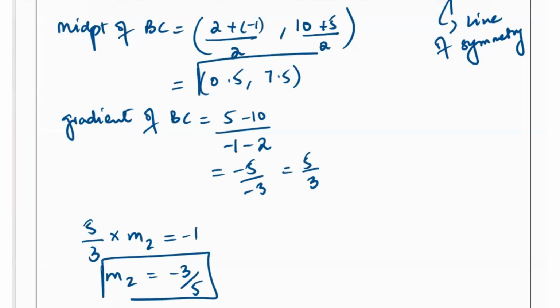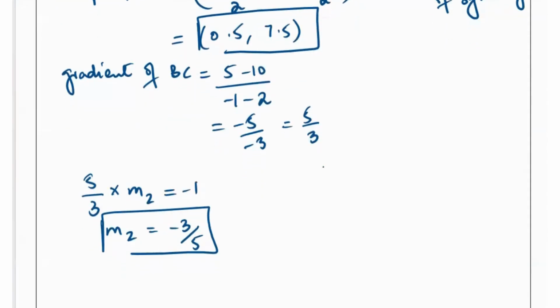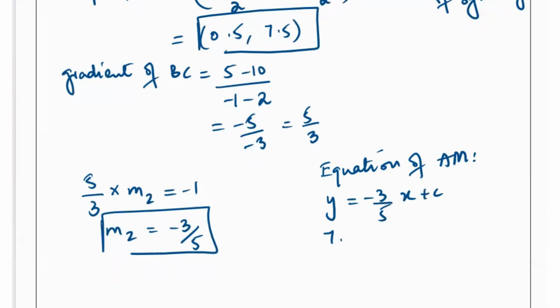We have the point which lies on the line AM. We have the gradient, so we can create an equation. The equation of AM is going to be y equals negative 3 over 5x plus c. y is 7.5, negative 3 over 5 times 0.5 plus c.